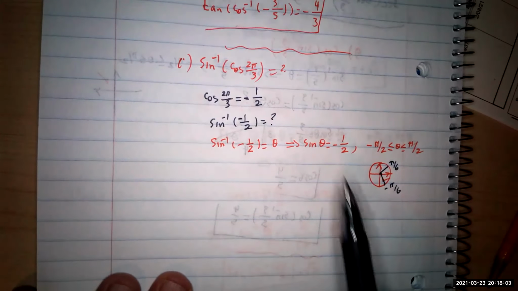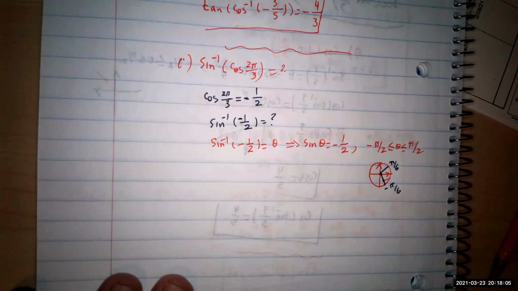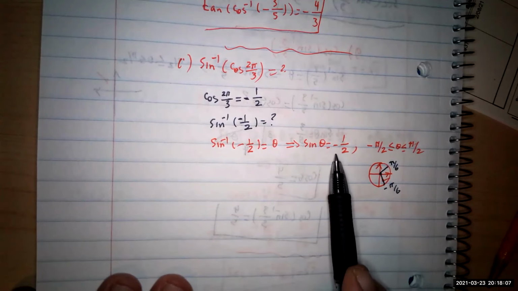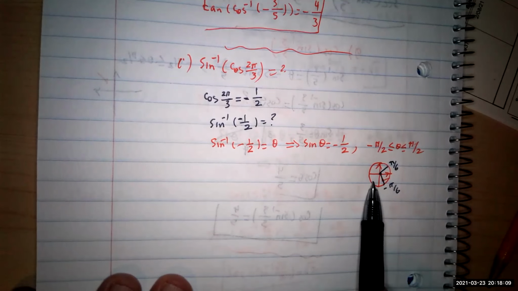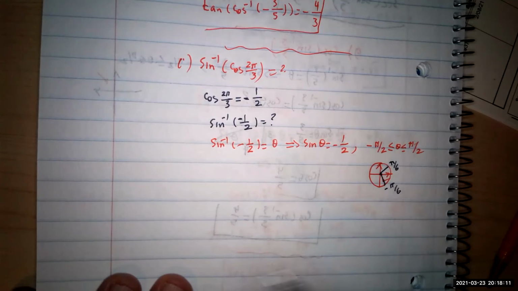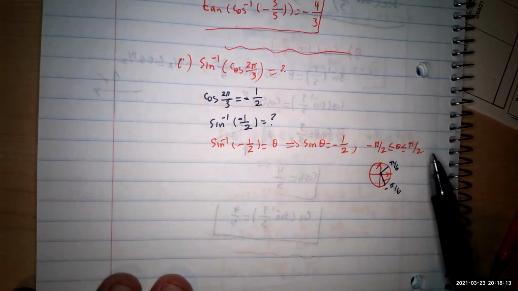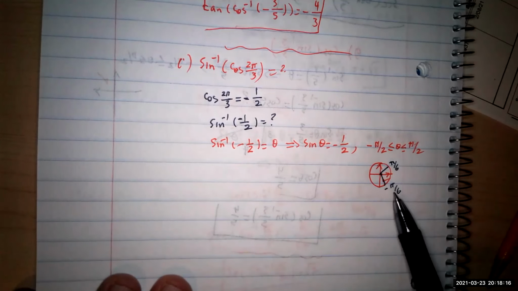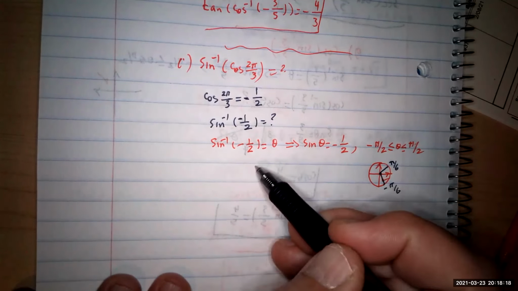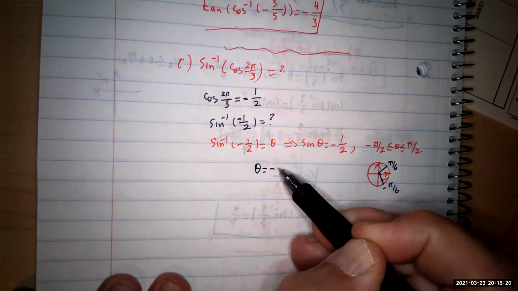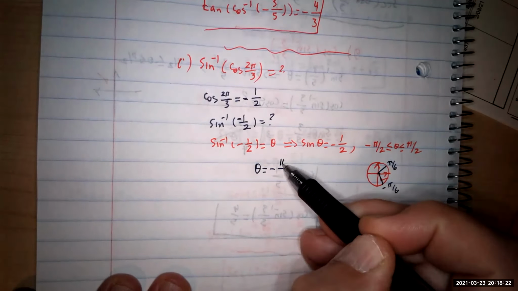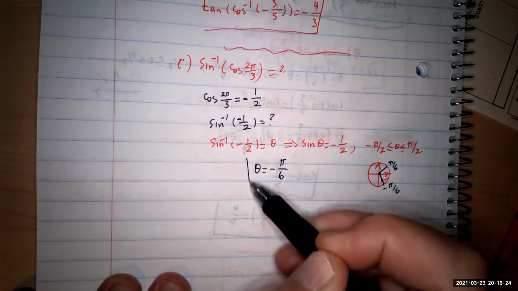Just make sure you don't miss it when it's the sine inverse. So it's negative 1/2. We are not going to go to the third quadrant. We are not going to write down anything greater than pi half. So we have to use the negative angles. So in this case, theta is going to be negative pi 6.